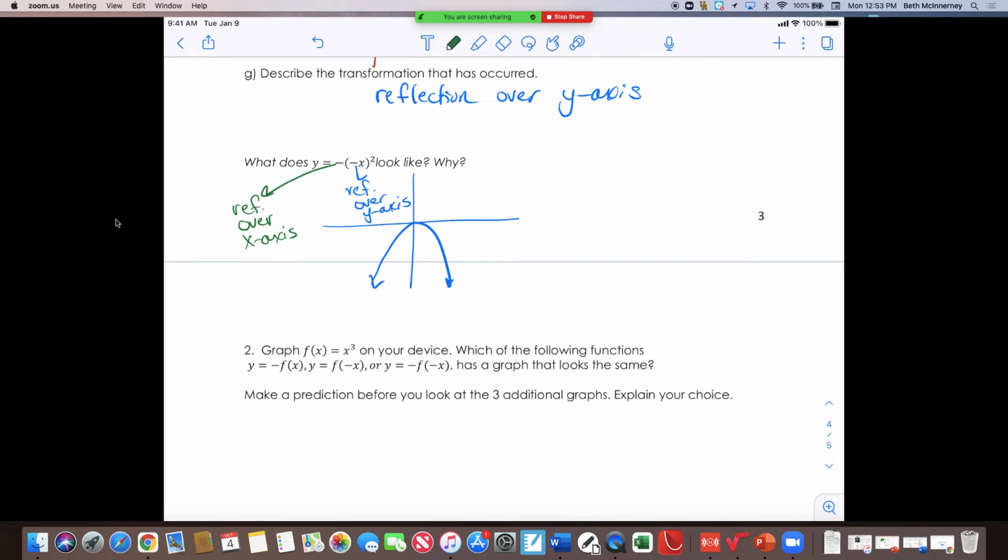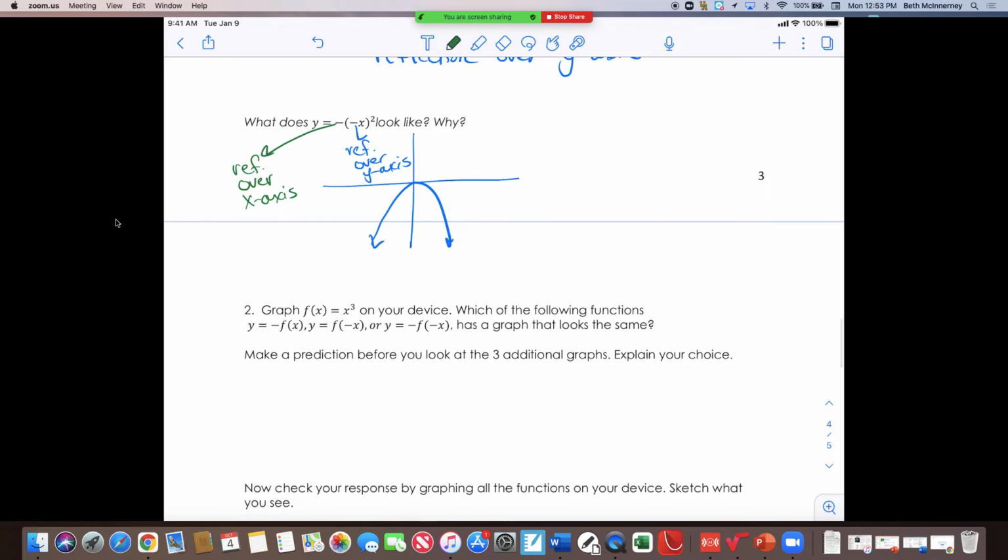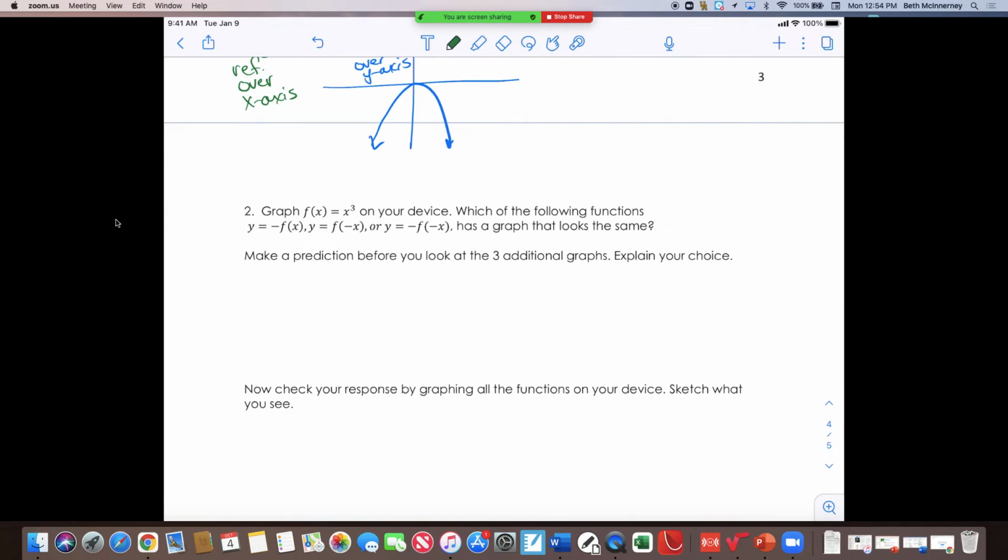All right, number 2. Graph f of x equals x cubed on your device. Which of the following functions has a graph that looks the same? Make a prediction before you actually put it in the calculator. Which one of those 3 do you think would be the same?